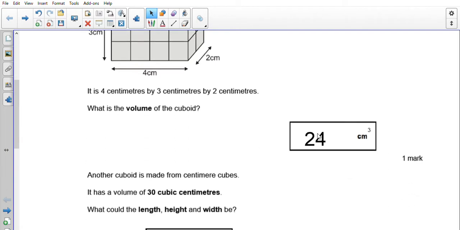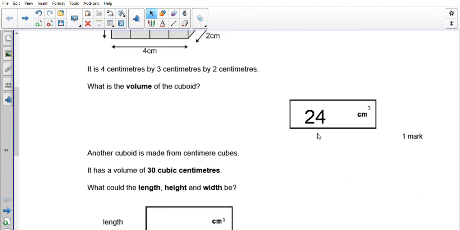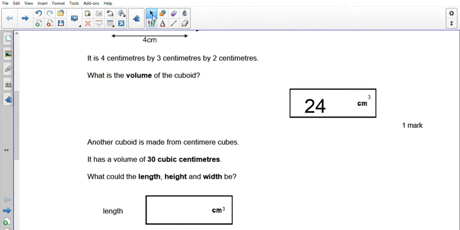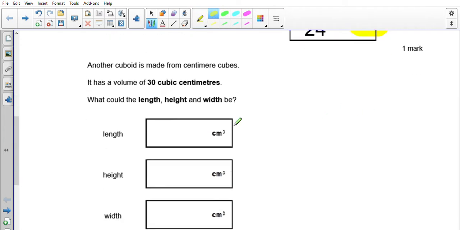Another cuboid is made from centimetre cubes. It has a volume of 30 cubic centimetres. What could the length, height and width be? My advice for these is to always make them as straightforward as possible. This is a really badly written question by the exam board. They missed the cubed off the centimetres here, but they've put it on for height, length and width, which is a single dimension.